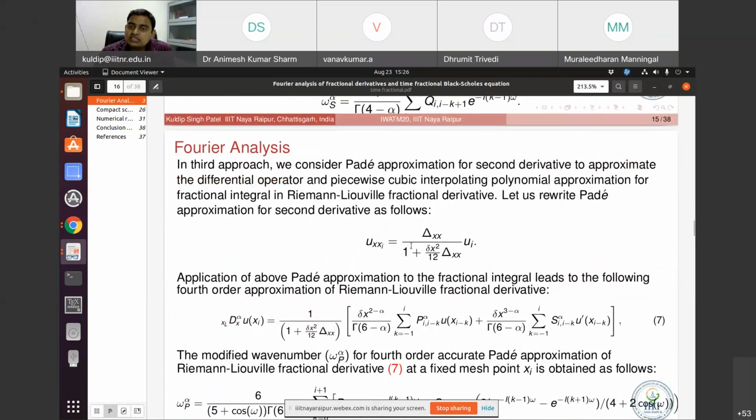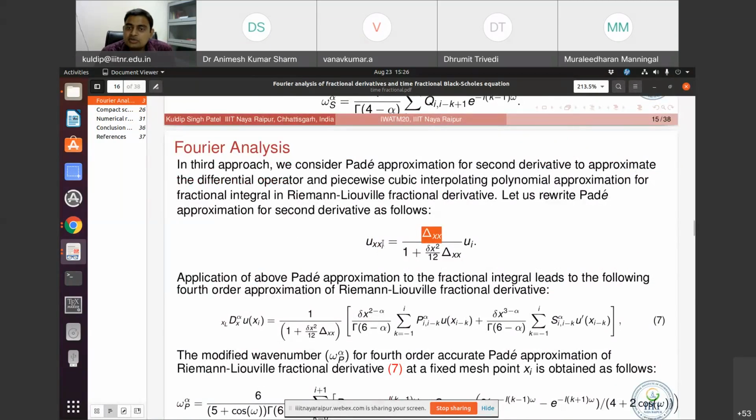Then the Padé approximation, the second derivative compact approximation, can be written like this, where delta xx is the finite difference approximation. This Padé approximation is very famous, one can search directly and get it. And the beauty is that it is a fourth order accurate approximation.